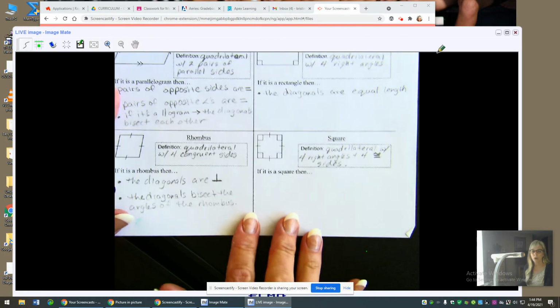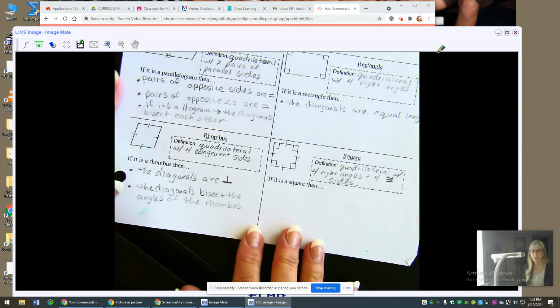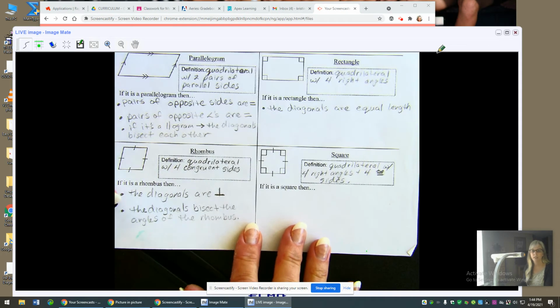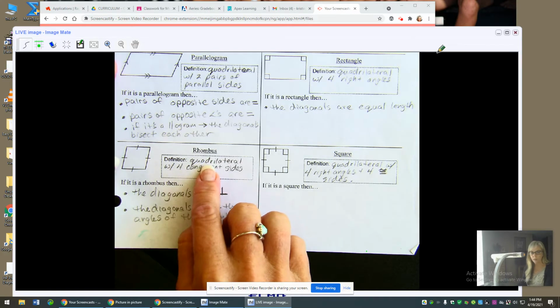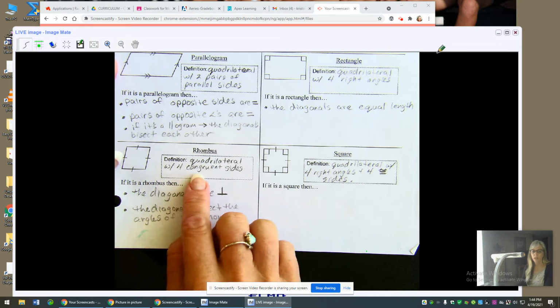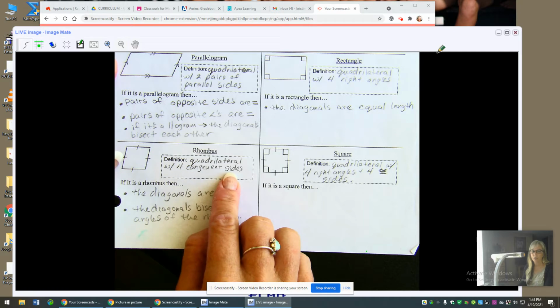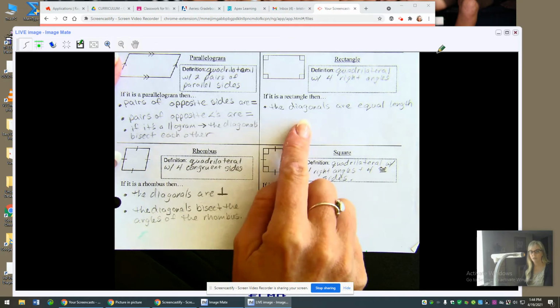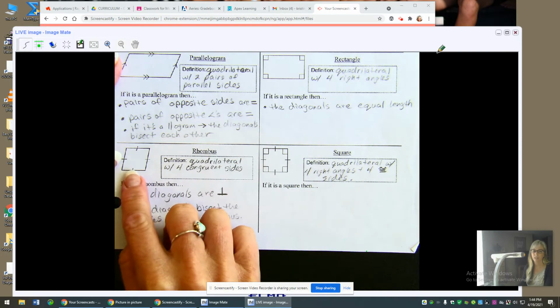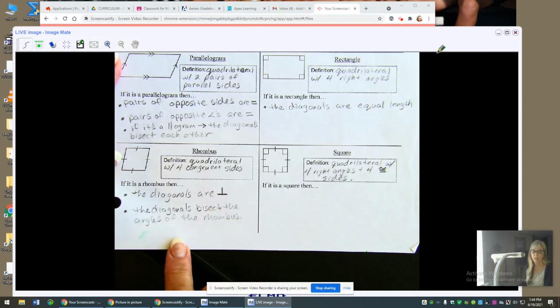We're going to move on to rhombus and square. Let's leave their definitions up there. A rhombus is also a quadrilateral with four congruent sides. But it still might be one of these other things as well. Is it a rectangle? I don't think so. It doesn't say anything anywhere about 90-degree angles.